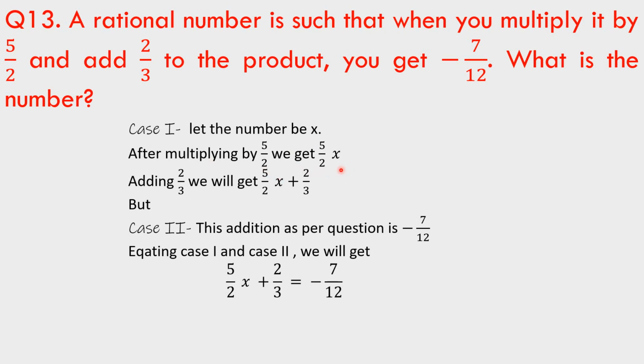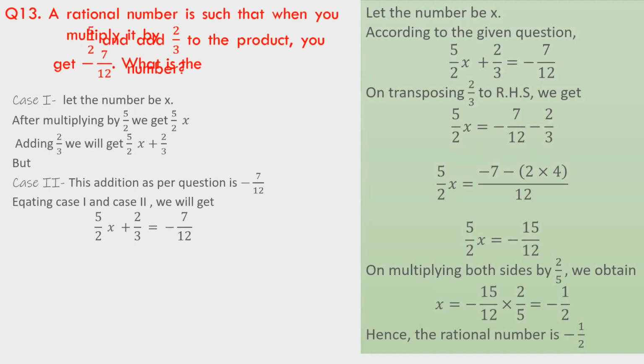And further adding 2 by 3, we will get 5 by 2x plus 2 by 3. But in case 2, this addition is given in the equation as minus 7 by 12. तो हम case 1 and case 2 को equal कर सकते हैं and we will get 5 by 2x plus 2 by 3 equals minus 7 by 12.